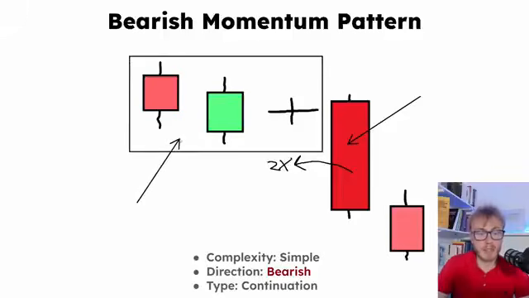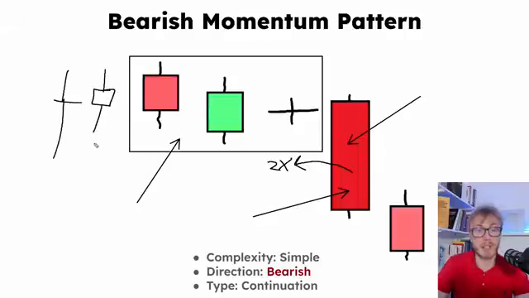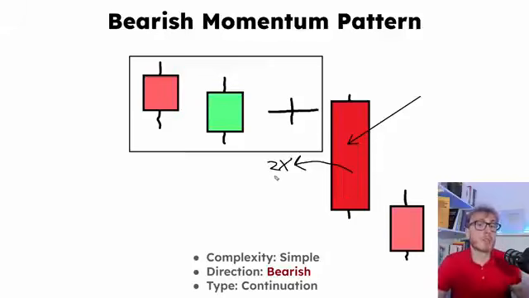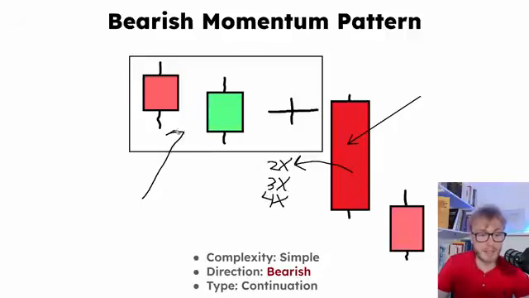I'm using 3 candles here as a rule of thumb, but it's even better if the body of the bearish candle is more than twice the size of maybe the previous 4 candles or even the previous 5 candles. The more candles, the stronger the bearish momentum is. We also preferably want to see the real body of the red candle be perhaps 3 times as large or even 4 times as large as the previous candles.